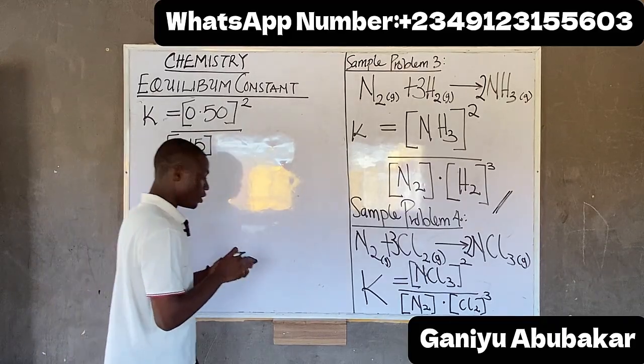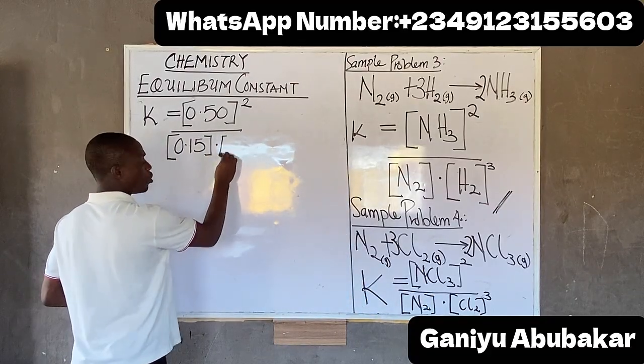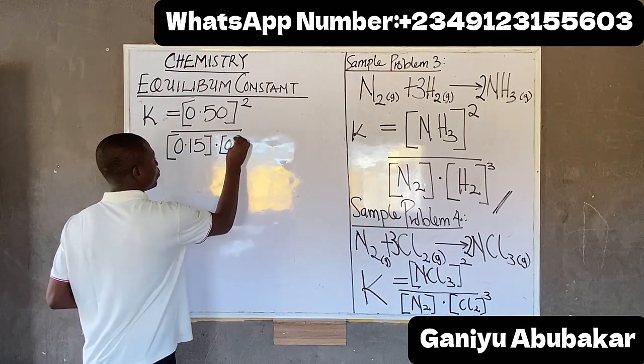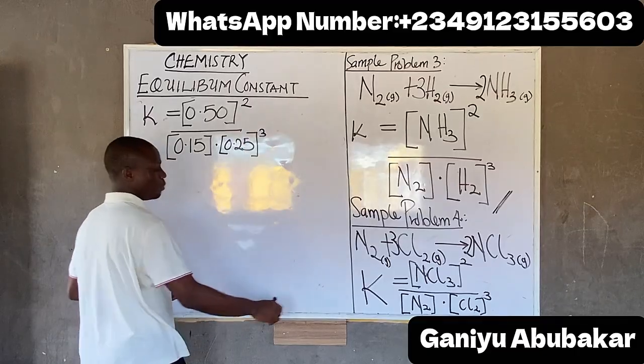Nothing, I have nothing here. There's no power here. Then dot, the concentration of Cl2, which is 0.25. The power here should be what? 3.